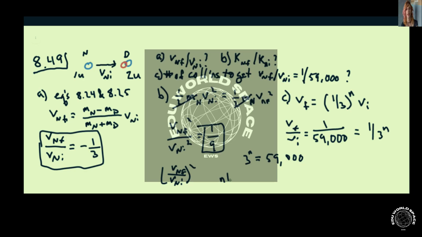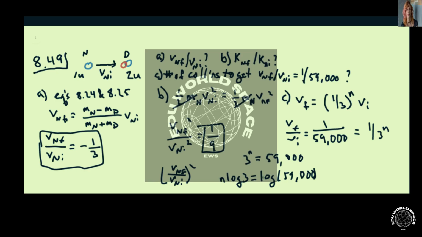So n times log 3, and this is because the logarithm of a number raised to any power is that power times the logarithm of that number. And here it doesn't matter what the base of the logarithms are. There's the logarithm to the same base of our 59,000. And now if we were using base 3 logarithms, the logarithm to the base b of b is 1, and then you'd have this to the base 3, and you'd get the answer directly.